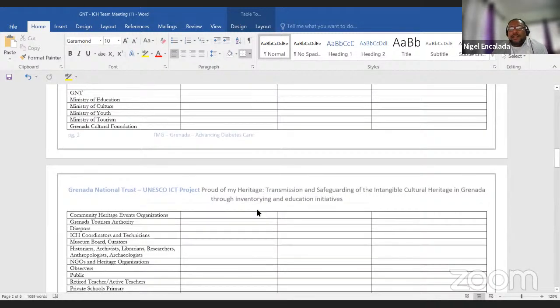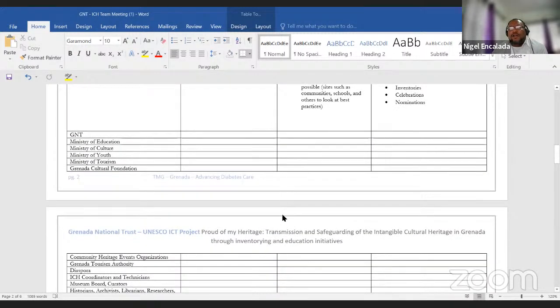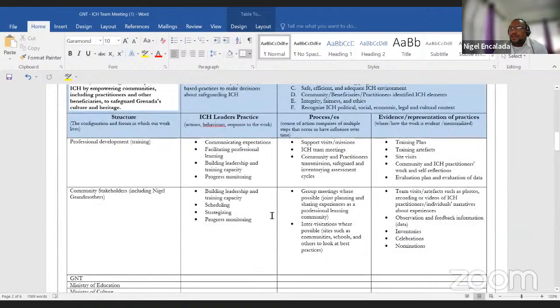So the easiest way to approach this is to think of the role. Remember, we went through the role of NGOs, the role of the state, the role of organizations. Just think about it in terms of the primary role that you play, and then jot down what you believe to be, in the first instance, the practice, those actions and behaviors, in response to what we're doing now, the processes that you would participate in.